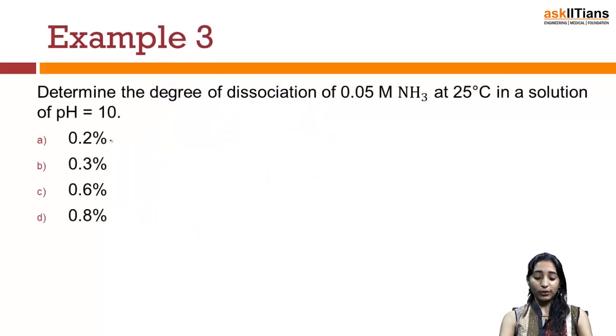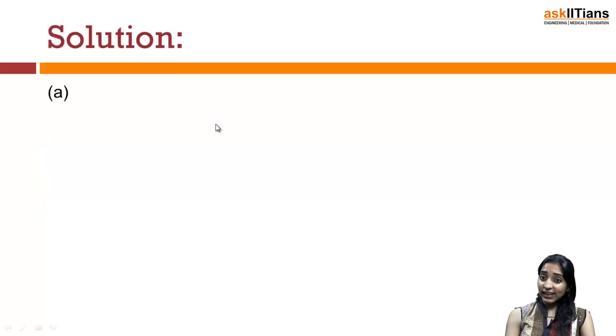Let's further move over to another example, which states that you have to determine the degree of dissociation of 0.05 molar NH3 at 25 degrees Celsius in a pH of 10. So very easily I can say, if it's a solution of ammonia, I can call it ammonium hydroxide.